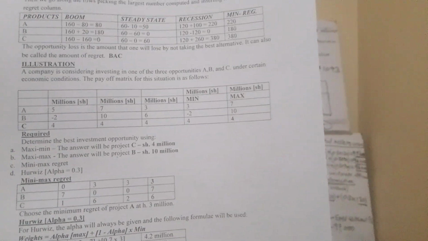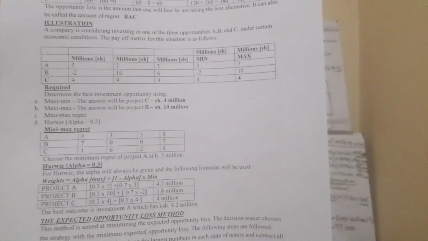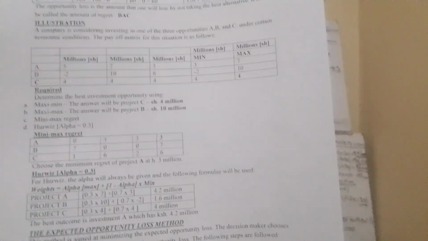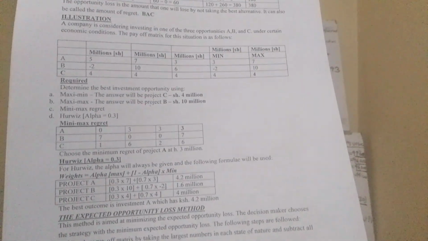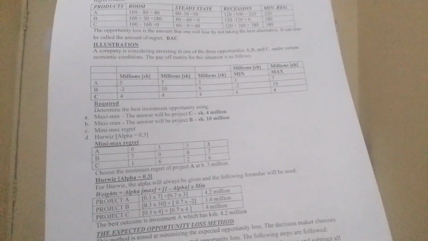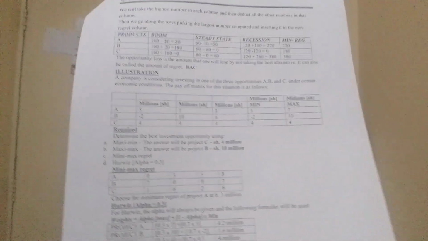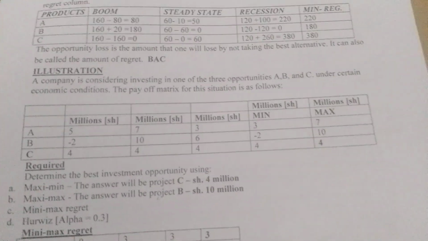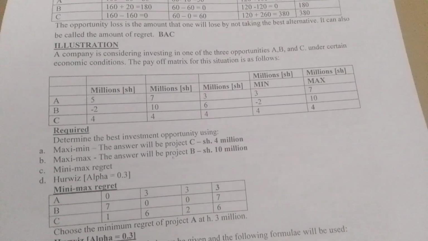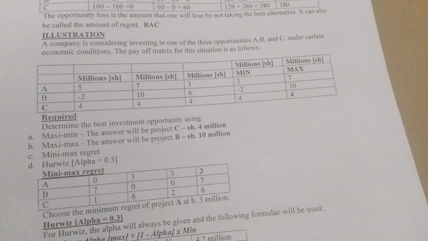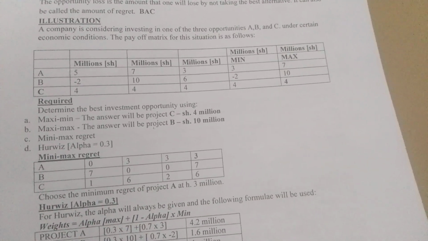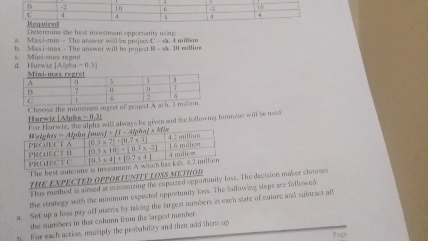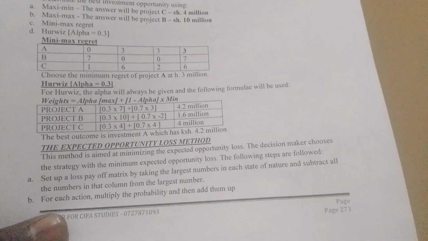Another illustration is there. You find it there, another illustration for max min, max, and min-max regret. Then the expected opportunity loss method.